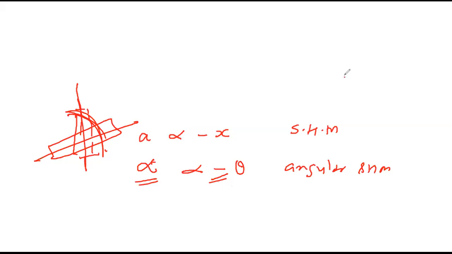Those who have attended the lecture on oscillation, I explained there how to get the time period of a pendulum using this concept. F equals ma, that means kx equals ma.